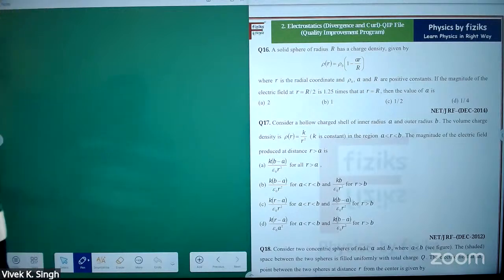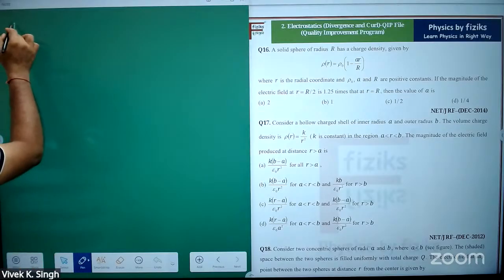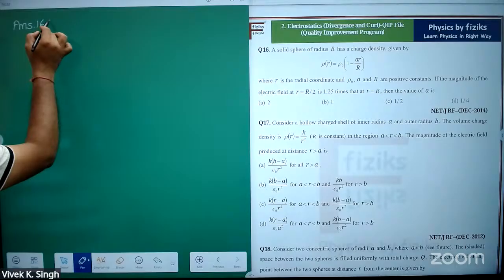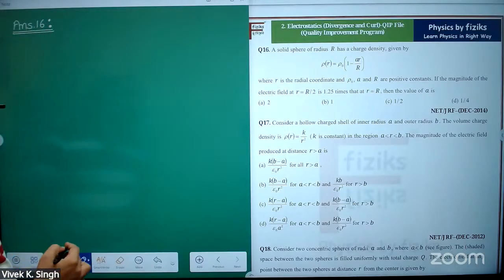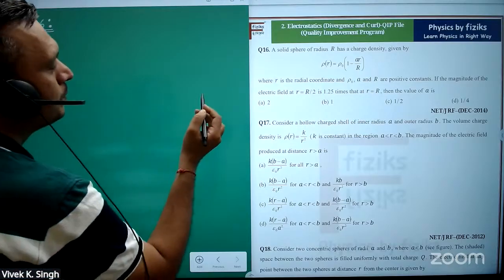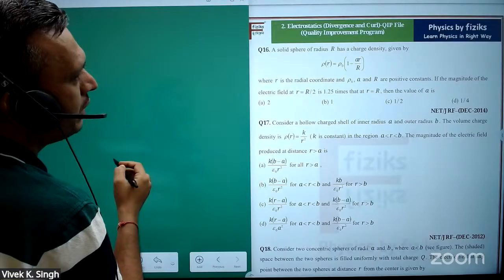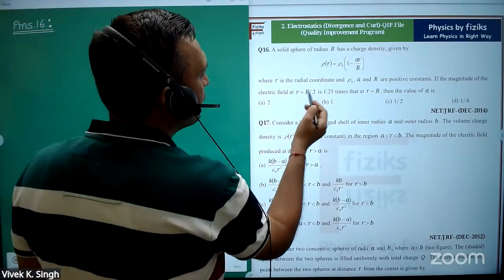So now we will see question number 16. What will be the electric field as a function of r?